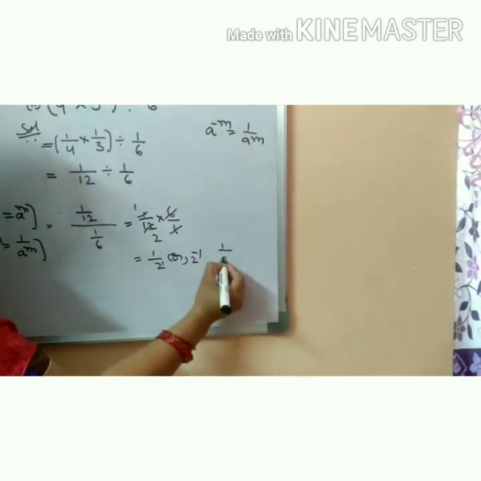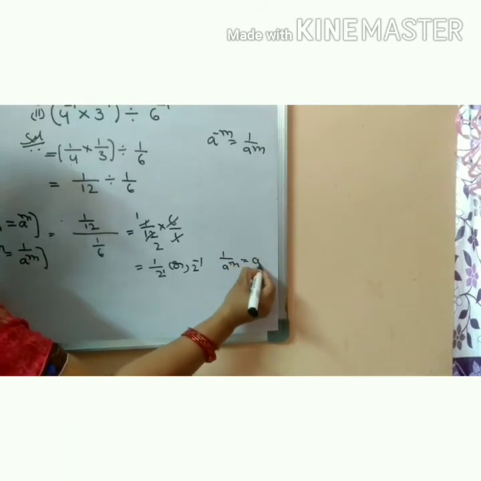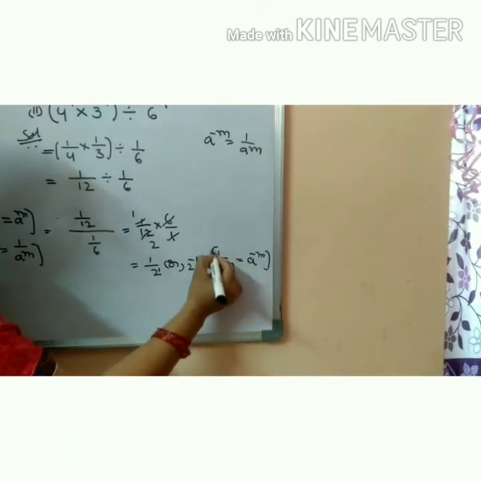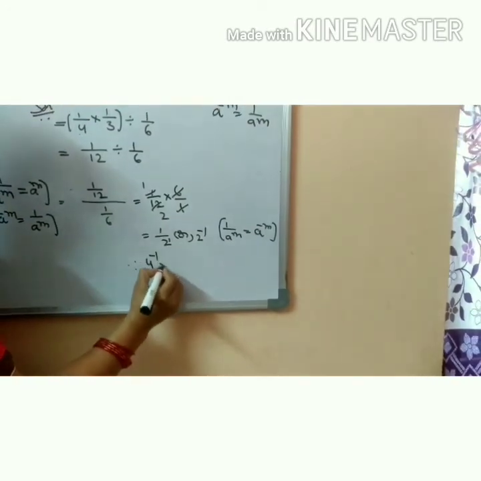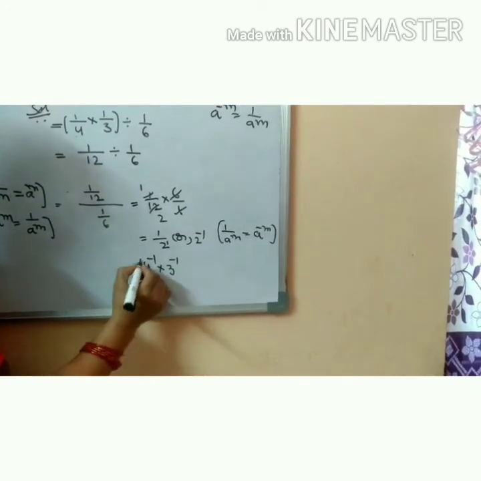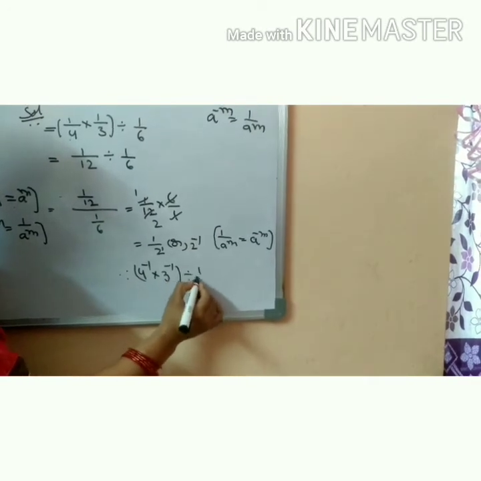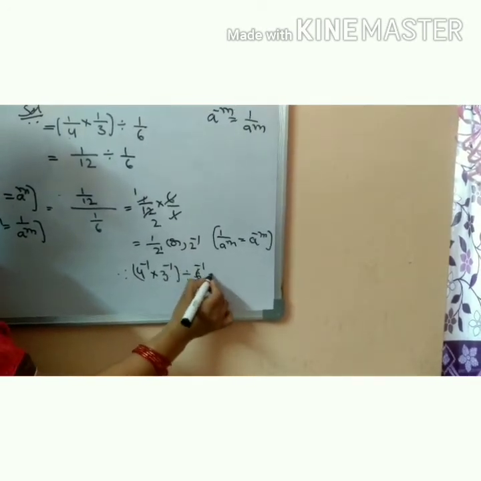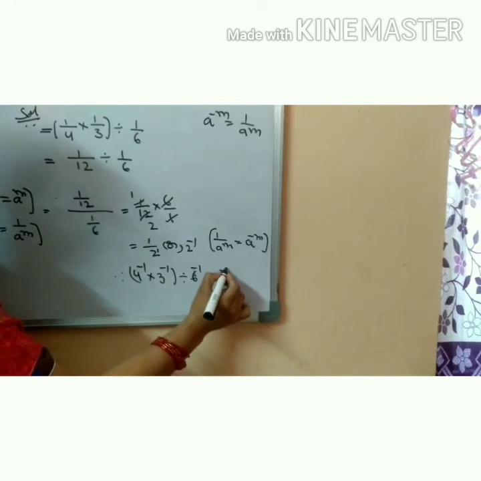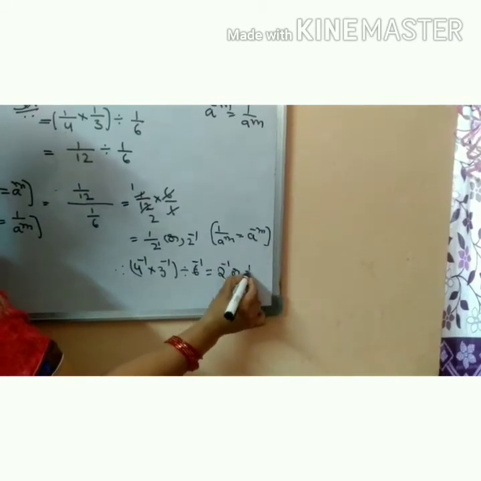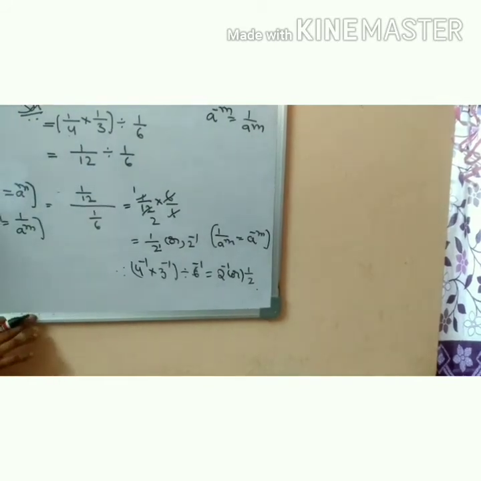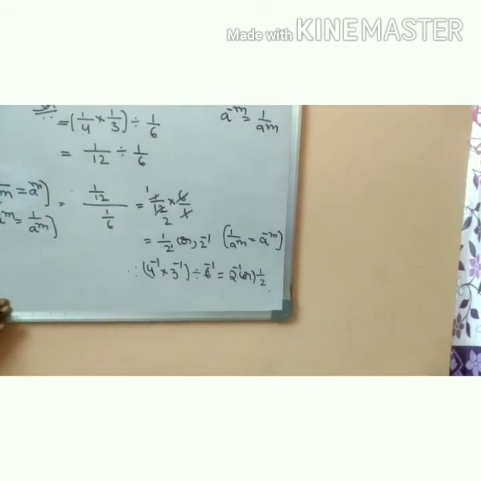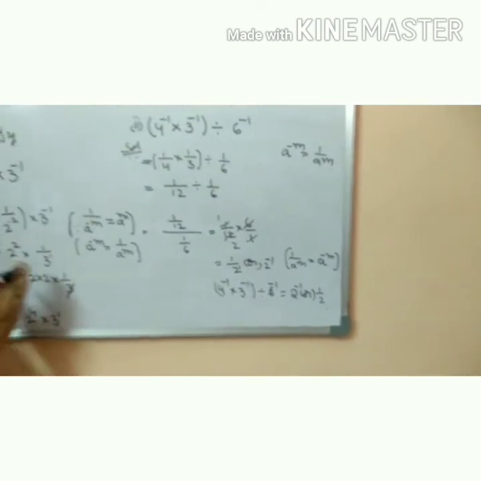So a power m equals a power minus m, like this also. Therefore 4 power minus 1 into 3 power minus 1 divided by 6 power minus 1 equals the value 2 power minus 1 or 1 by 2. Okay, it is the third Roman. Two problems are there. I explained the two problems of the third Roman.